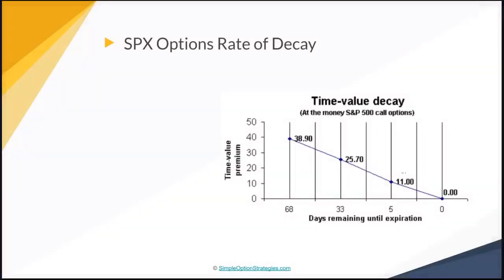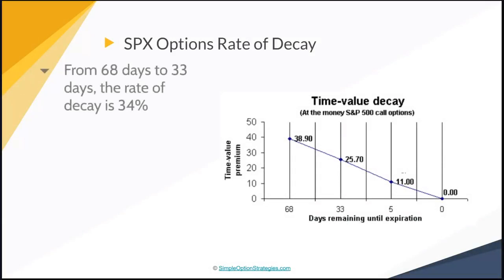So let's talk about why it's such a high probability trade. This is a review of how options decay. In the first 68 to 33 days, the rate of decay is 34%, all things the same, implied volatility, market downturn, all things the same.